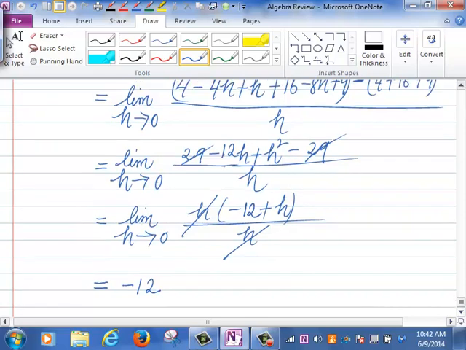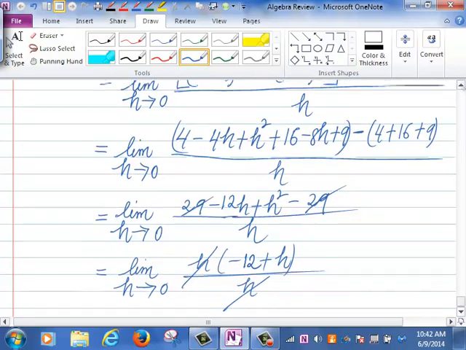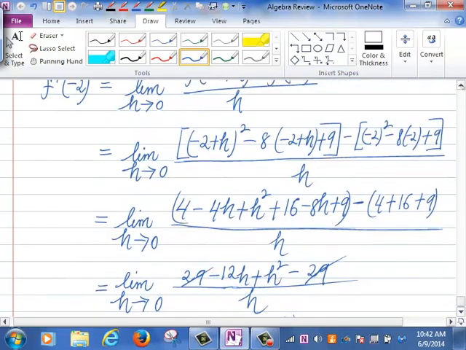Yeah, the difficulty here is the algebra, right? You have to expand negative 2 plus h squared, and then you have to multiply out and simplify things. This is like going back to intermediate algebra, where you collect like terms and so on. Okay.